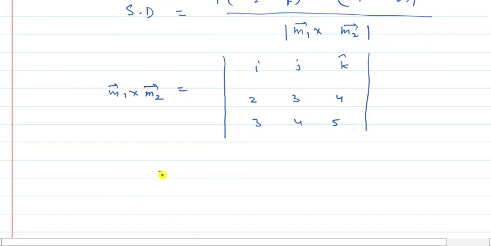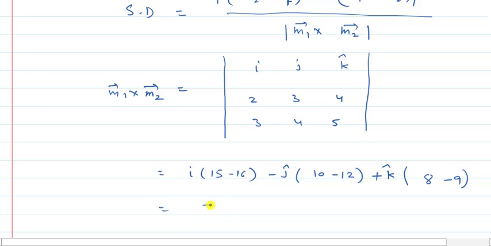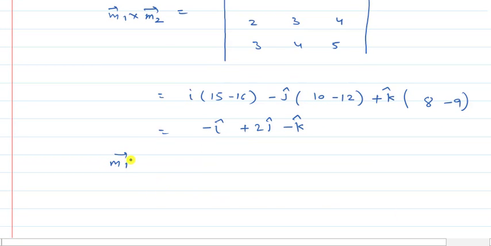Calculating, it is i cap into 15 minus 16, minus j cap into 10 minus 12, plus k cap into 8 minus 9. We are getting minus i cap plus 2j cap minus k cap. So the modulus of M1 cross M2 is square root of 1 plus 4 plus 1, which is simply root 6.